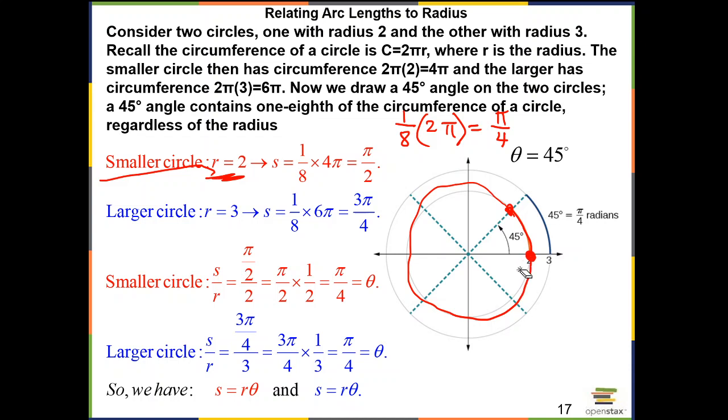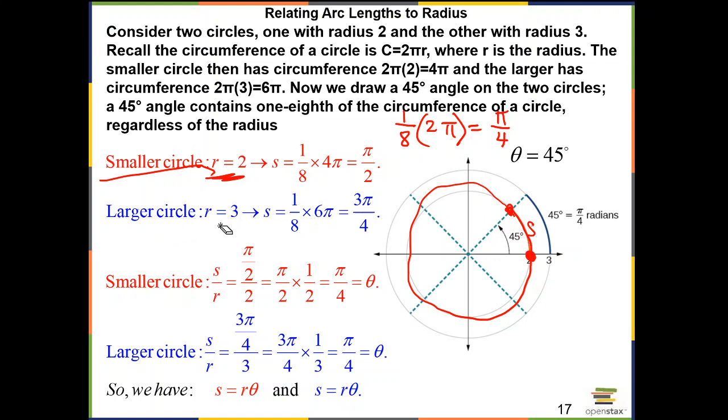The circumference of the small circle is 2 times 2 pi, since the radius is 2, which is 4 pi. So 1/8 of 4 pi is pi over 2, right? So S for the smallest circle is pi over 2.